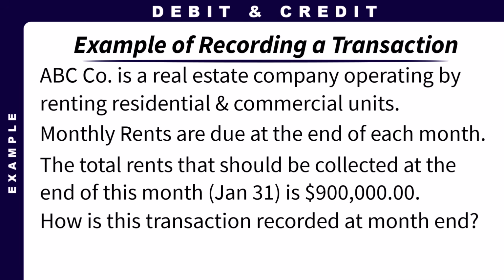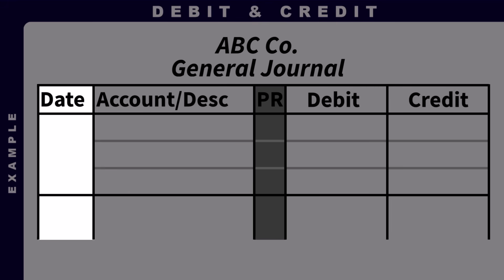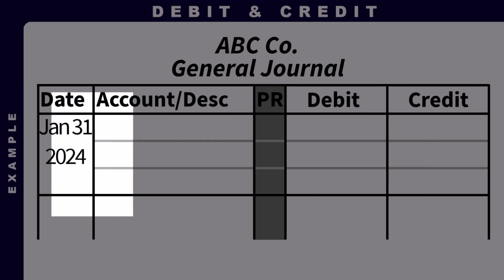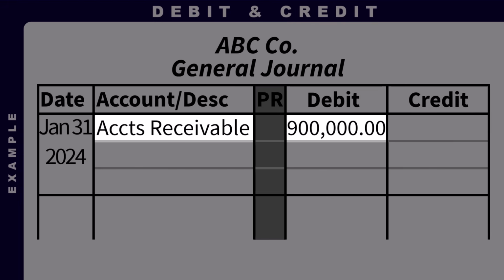Now, we can go ahead and start recording this revenue earning transaction. Here we have a blank journal. We start with the date, which is January 31st, based on the information we collected. The first account affected in this transaction is accounts receivable, which is an asset account. And based on the rules of debit and credit, we debit accounts receivable because it is an asset account and it is increased. That means we enter the amount on the debit side.